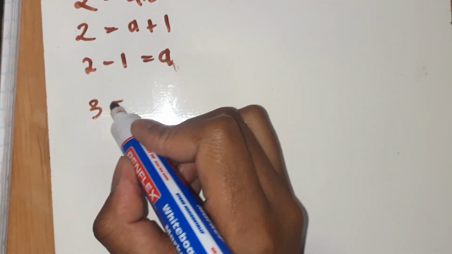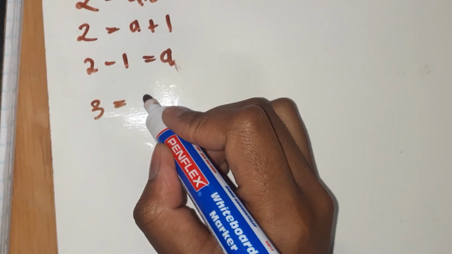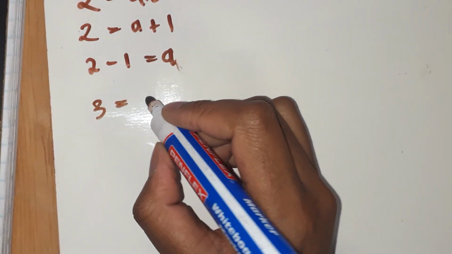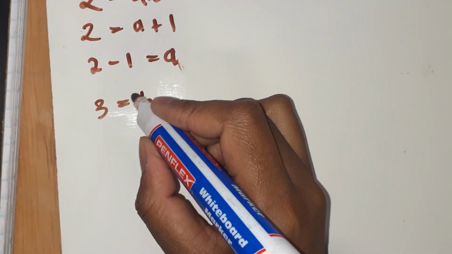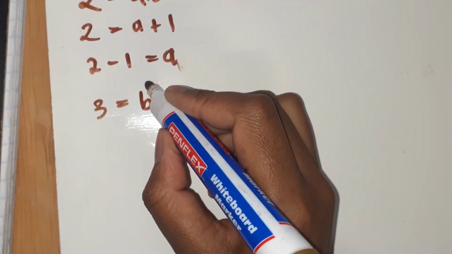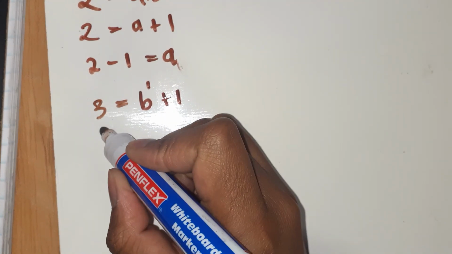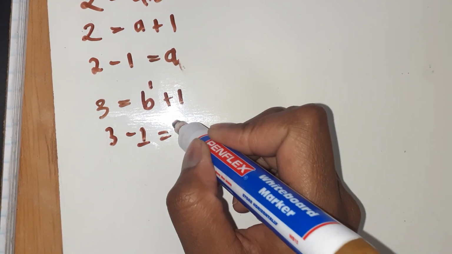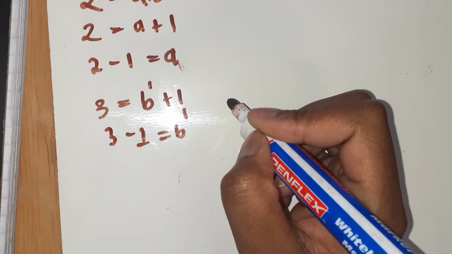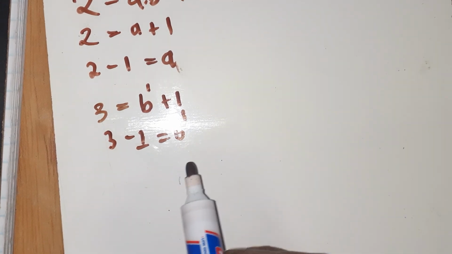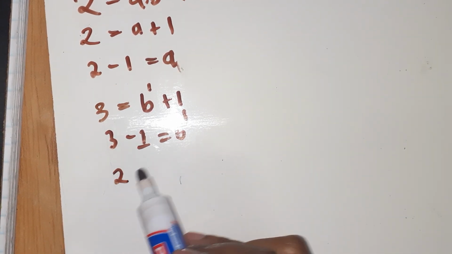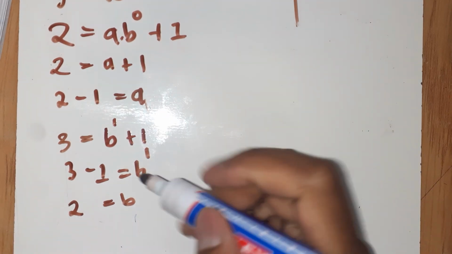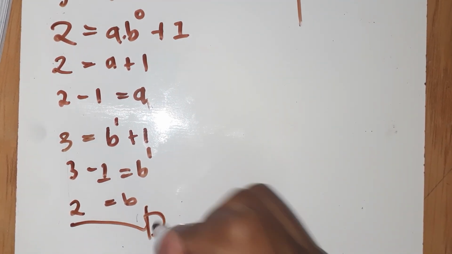So we'll say 3 for y equals, anyway a is 1, so we'll just say 1 times b to the power of 1 plus 1, and then we'll have 3 minus the 1 equals b to the power of 1, and then we will have 2 equals b to the power of 1, which is still the same as b, so b equals 2.